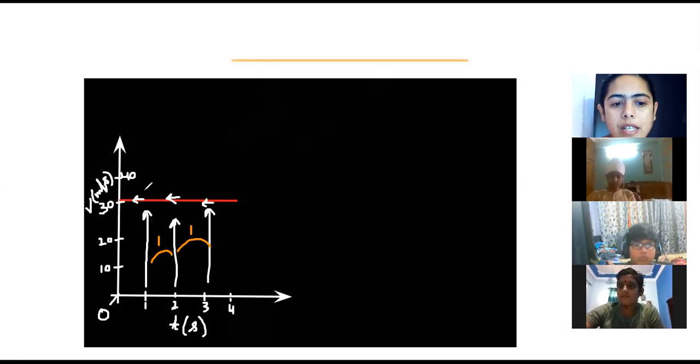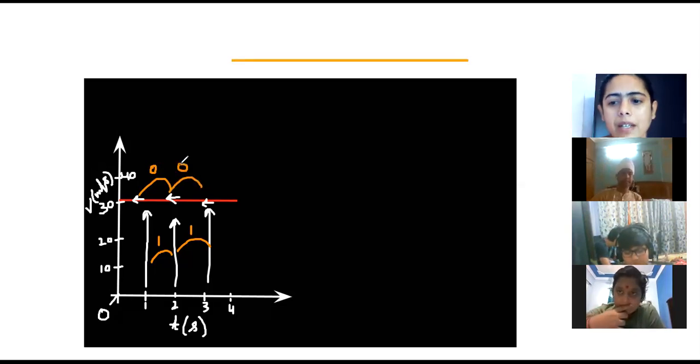With the velocity, 30 to 30, there is a gap of 0. Again, 30 to 30, a gap of 0. Maybe it is 0, that doesn't matter, but there is uniformity. There is no inequality anywhere. So we say that this is the uniform graph.